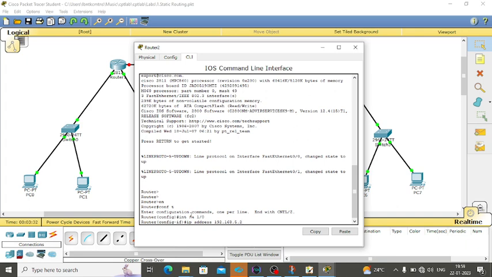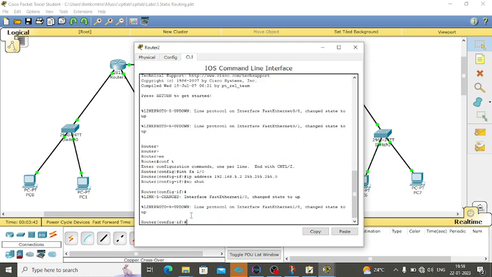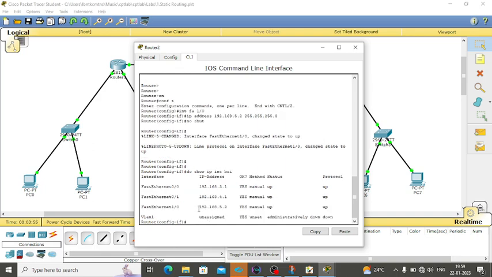So here it is another interface on the same network, right? It's 5.1 here, and here it is 5.2, right? So 5.2, 255.255.255.0, and then no shut. Finally, show IP interface brief. Yes, we have configured the 5.2 now.